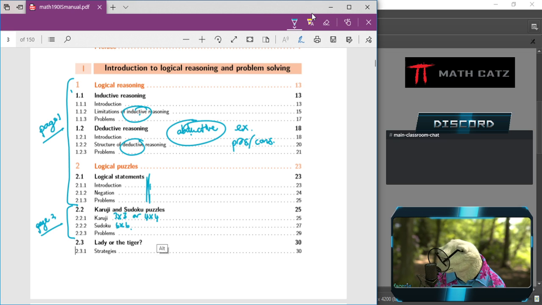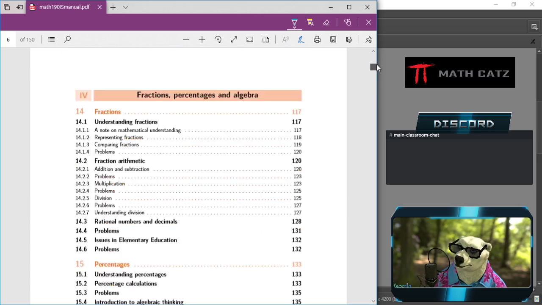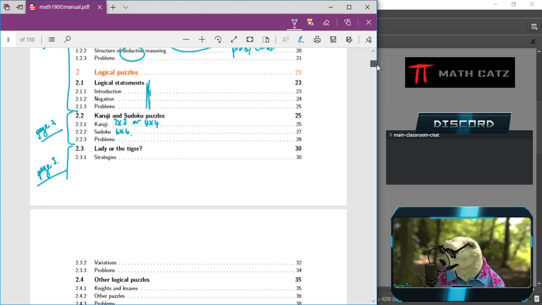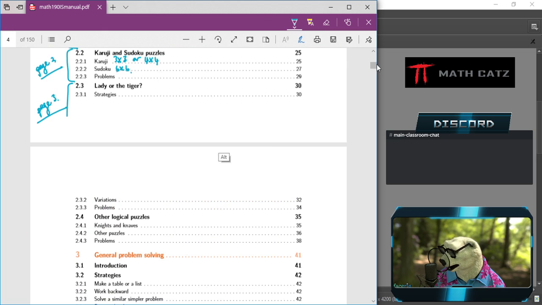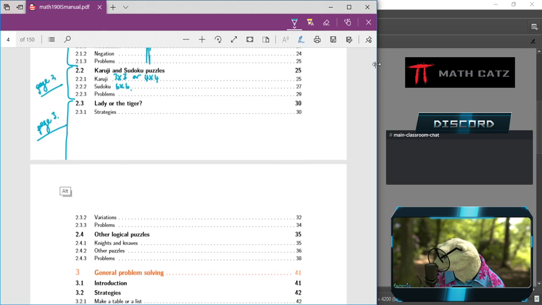All right. Now I have to scroll. Lady and the Tiger gets page 3. Let me scroll down here. Whoa! Too much scrolling. Scrolling is a little sensitive. Lady and the Tiger.